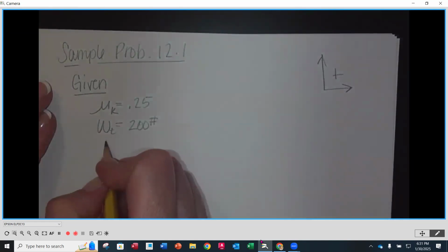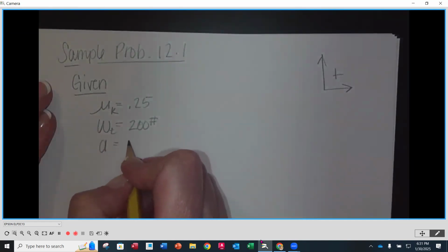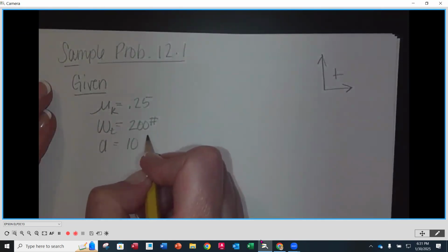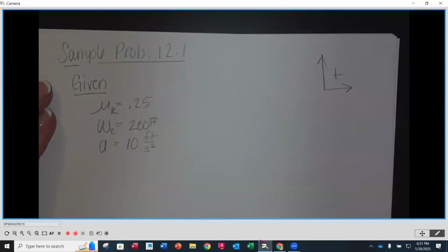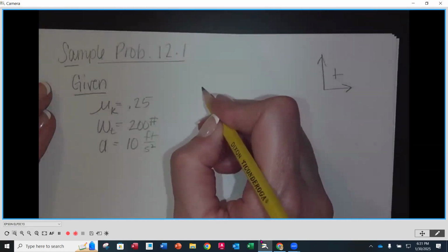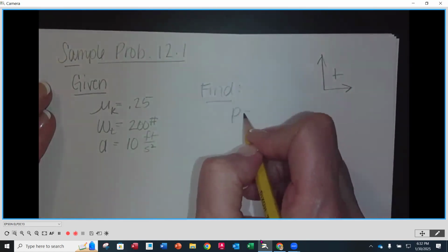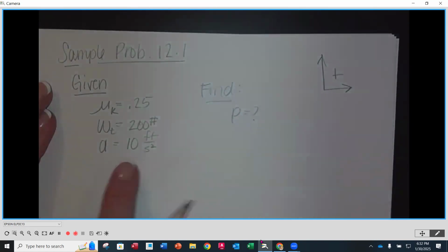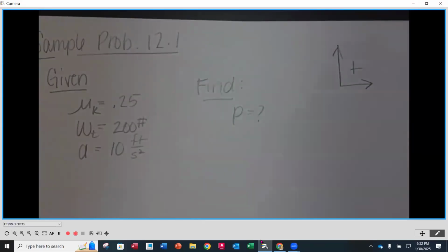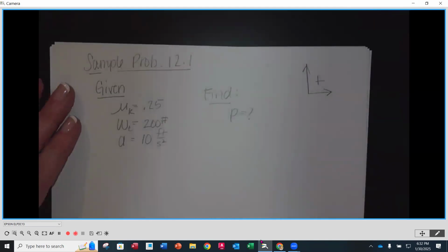We also know that the acceleration that we need to achieve is 10 feet per second squared. And we want to find P, so that it can accomplish that 10 feet per second squared.